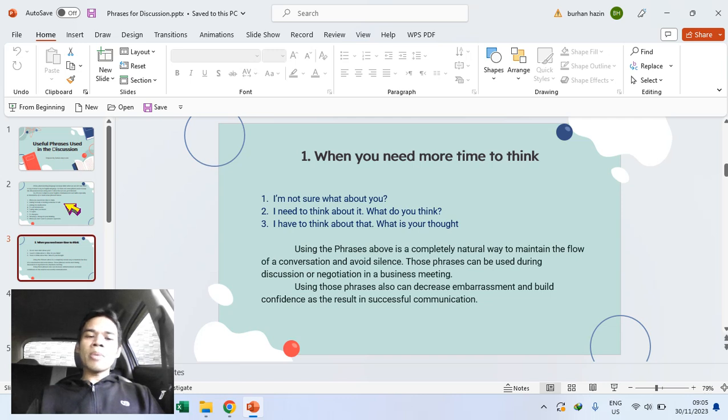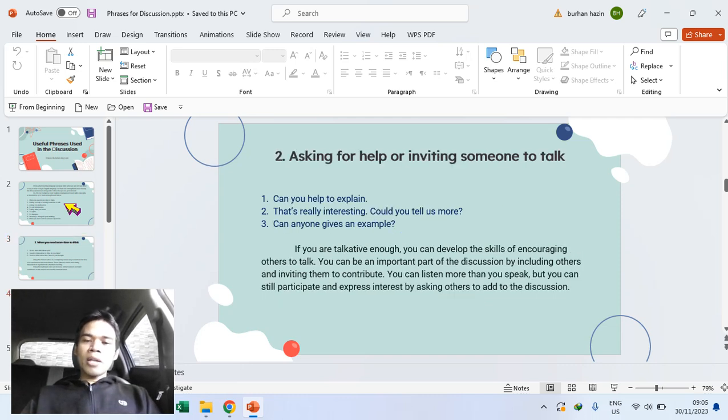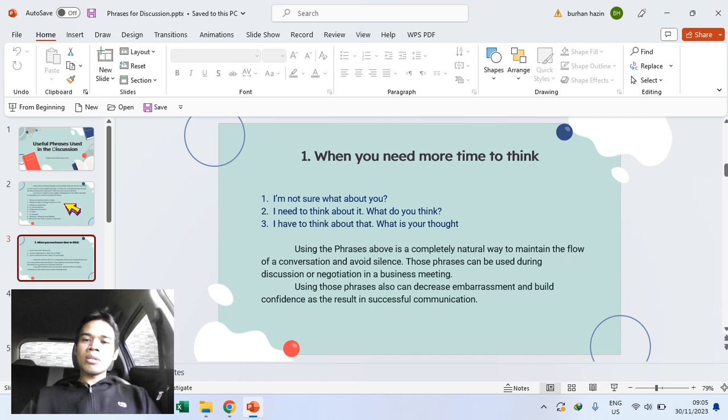Using the phrases above is a completely natural way to maintain the flow of conversation and avoid silence. Those phrases can be used during discussion or negotiation in a business meeting. Using those phrases also can decrease embarrassment and build confidence, resulting in successful communication. Right, so those are some phrases you can use if you need more time to think.